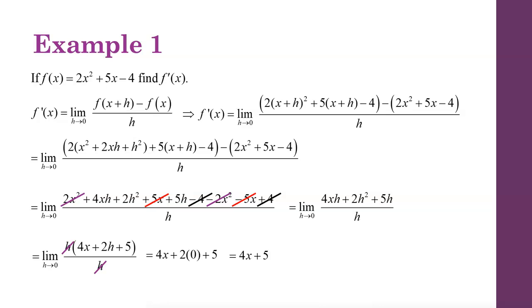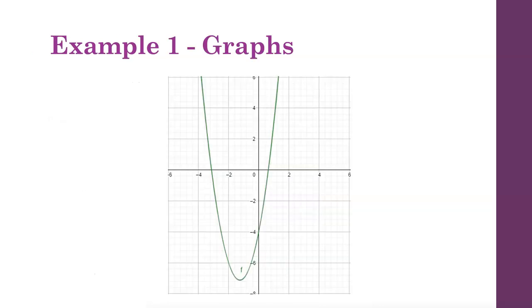And if I now go back and look at the graph of these functions, this is what the graph of our function we started with looks like. It was a parabola, 2x squared plus 5x minus 4. And if you look at this graph, this has a negative slope.